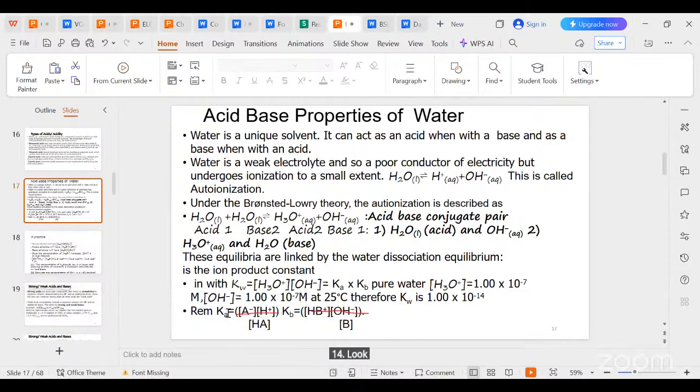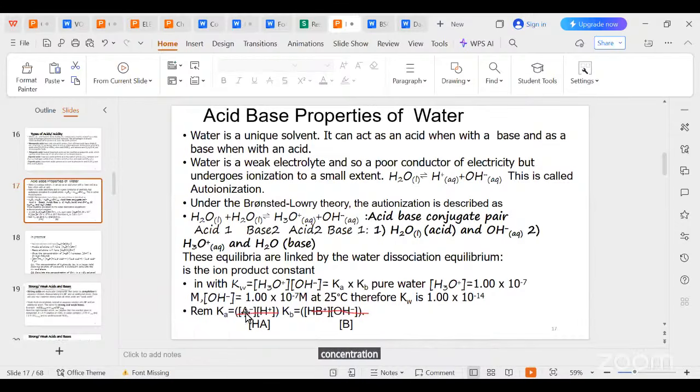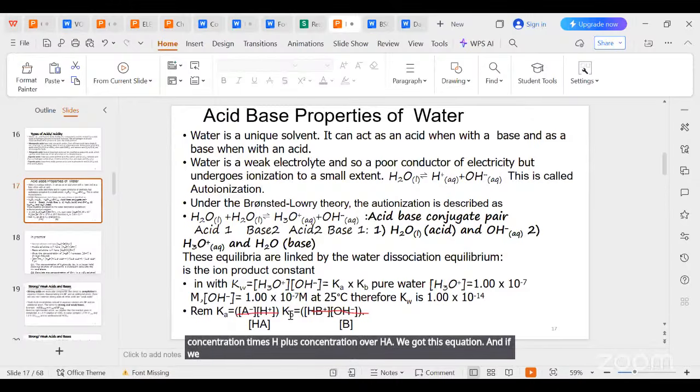When we wrote the equilibrium constant for the ionization of acid, we got the conjugate base A minus concentration times H plus concentration over HA. We got this equation. And if we write the same thing for the ionization of base, we'll get this other equation. Kb is equal to this.